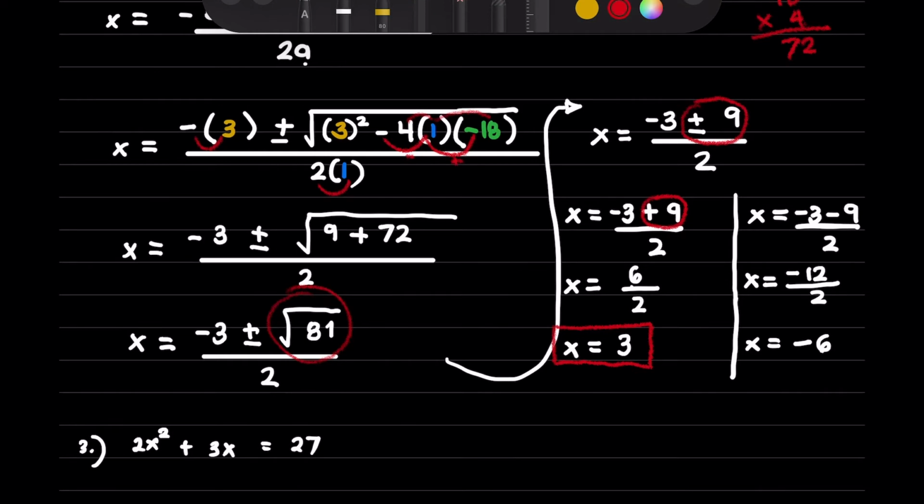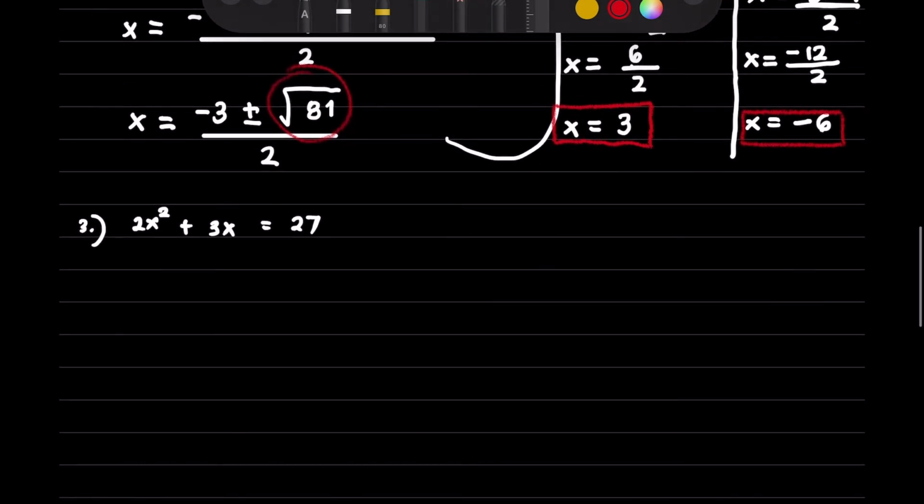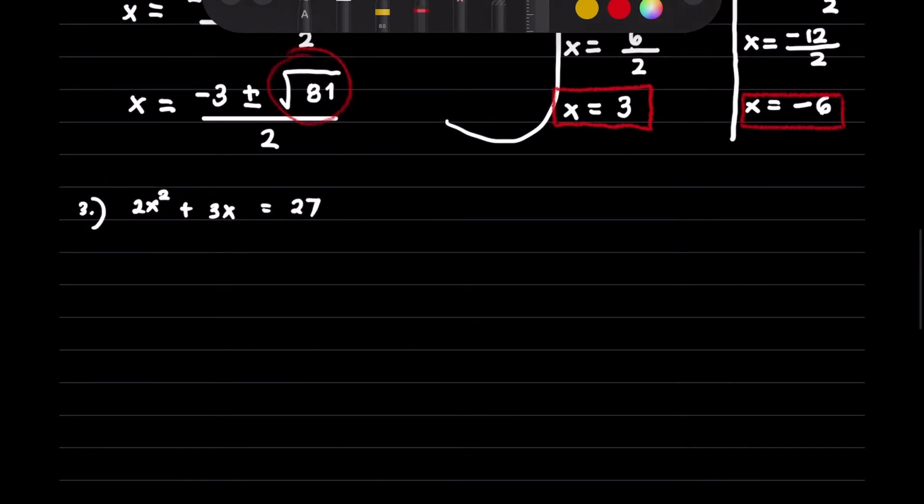So, eto na yung other root natin. So, the roots of our equation are 3 at saka negative 6. So, ganun lang siya kadali. Yun nga lang, magsasolve ka lang talaga. Medyo mahaba lang yung pagsasolve mo dito.